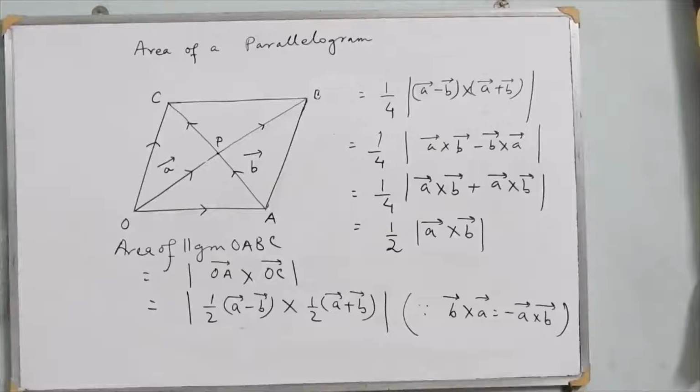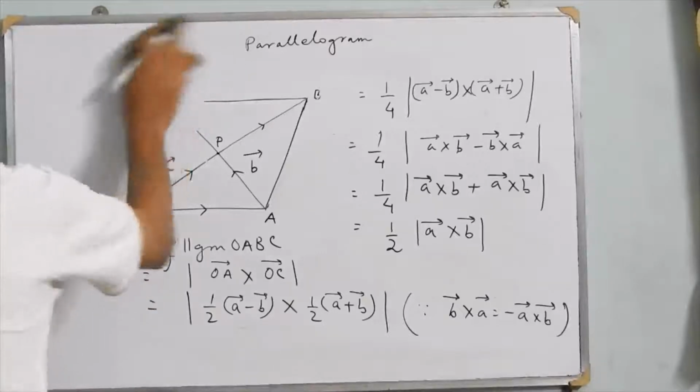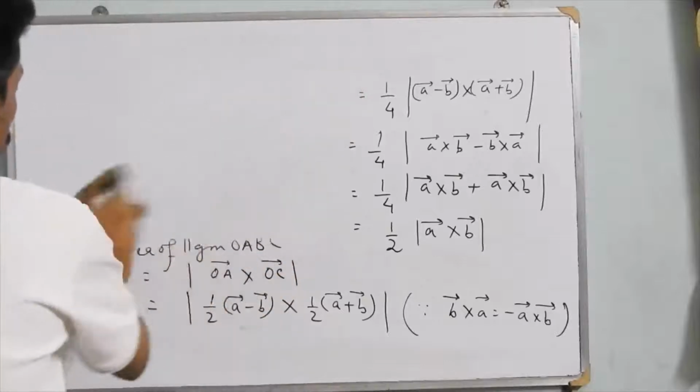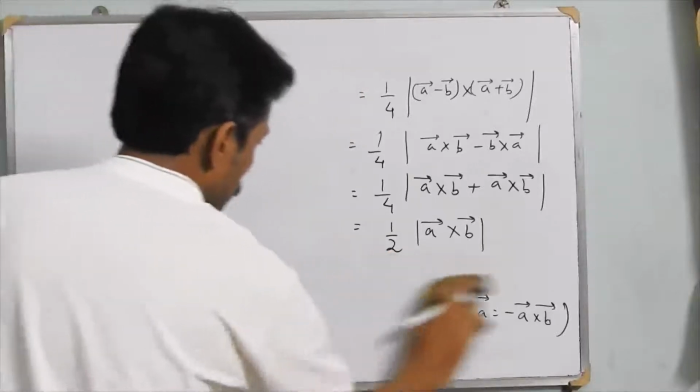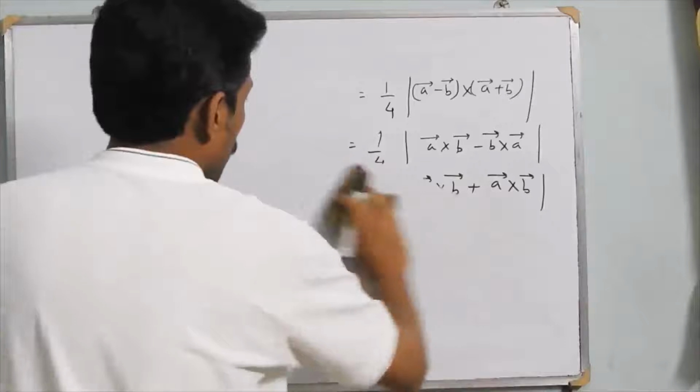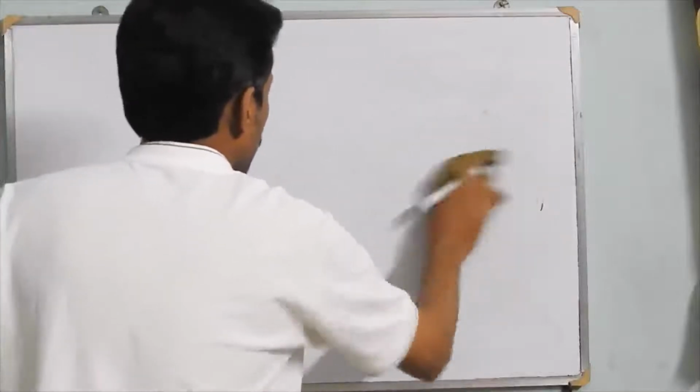So we can determine the area of the parallelogram either if its adjacent sides are indicated by vectors or if its diagonals are indicated by vectors. Next, suppose we want to determine some trigonometric rules using vector algebra.